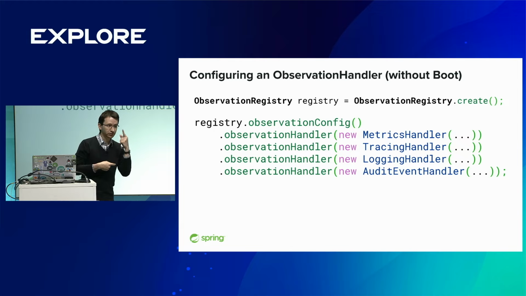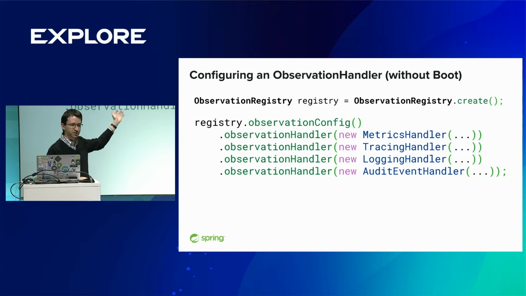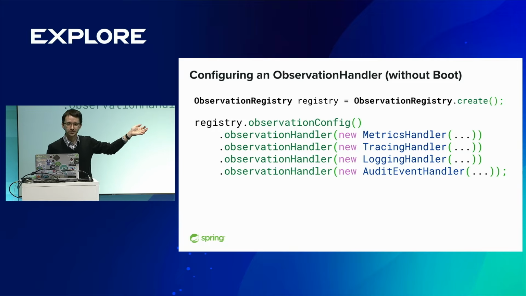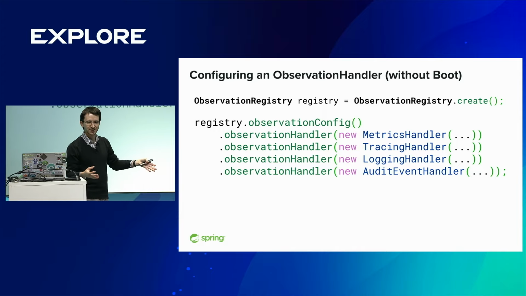But what you can do here is just instrument your application or the component once, and without modifying that instrumentation, you can basically define what outputs you want to provide. Do you want metrics? Add the handler for it. Do you want tracing? Add the handler for it. Do you want some custom logging for some kind of events? Add the handler for it. Do you want to push data into an audit database table? You might guess it.